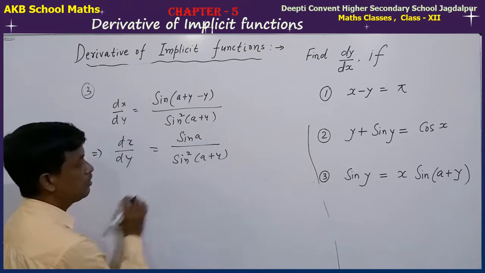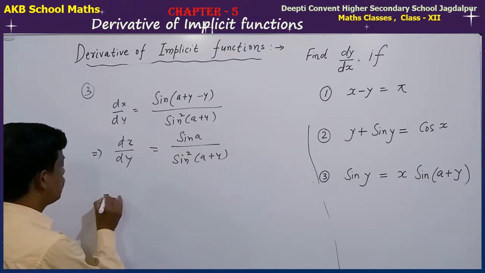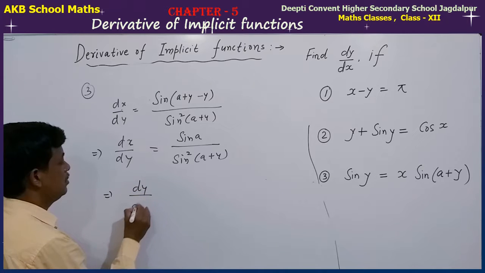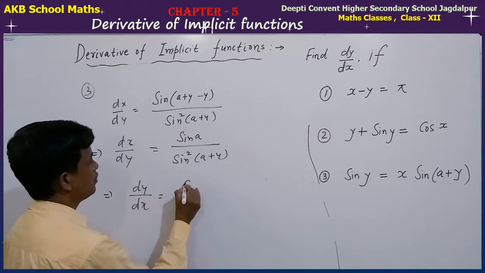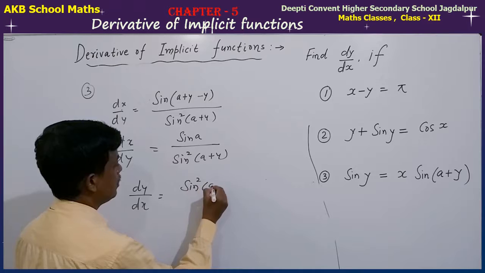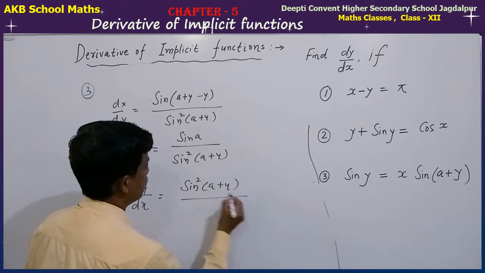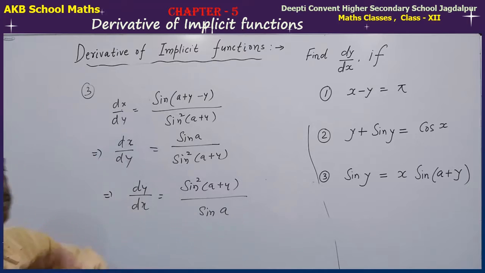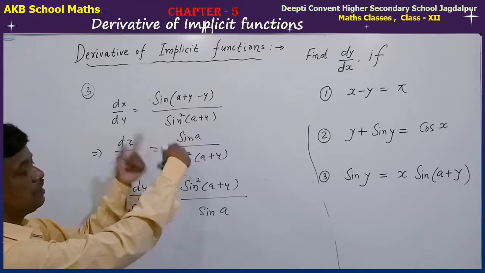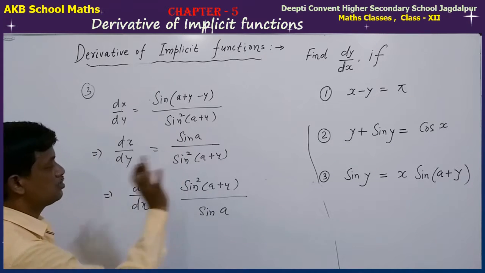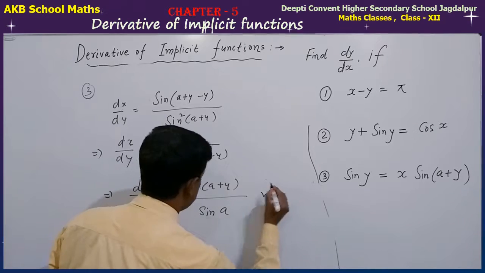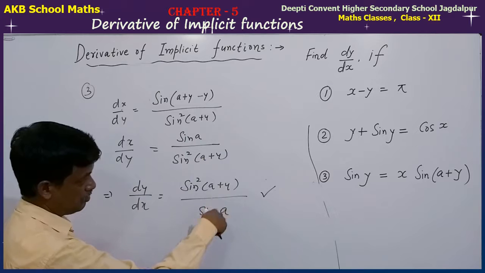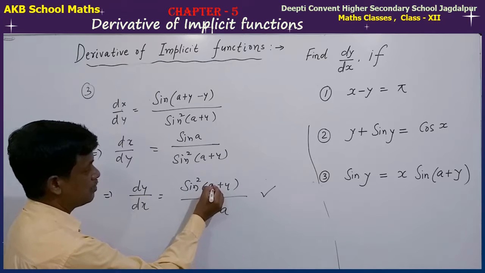Now we have to find the value of dy by dx. So convert it, take the inverse of this: it equals sin square(a plus y) upon sin a. Taking the inverse, dy upon dx equals this. This is the derivative dy by dx, which we are getting in terms of y.